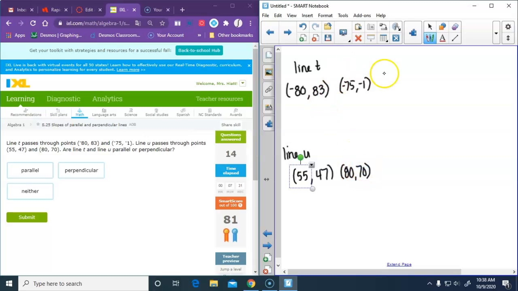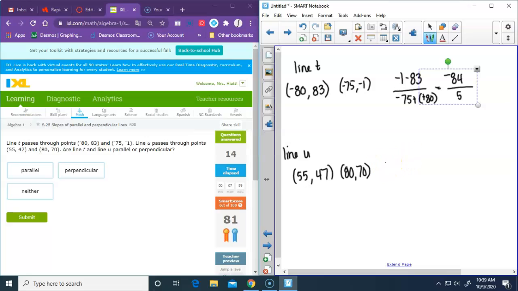So you've got to find the slope of each one of these lines. For the first one, we do negative 1 minus 83 over negative 75 minus negative 80. In the numerator, we'll get negative 84, and in the denominator this will become a plus, so this is going to give us 5 right here. That will not reduce, so we'll just leave it as it is.